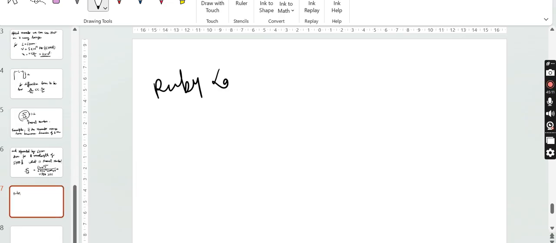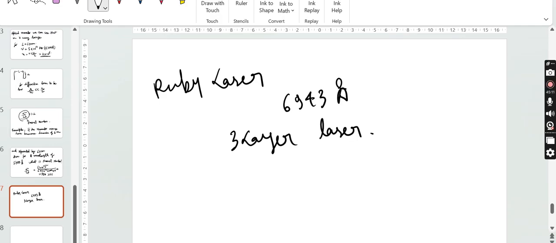There is the ruby laser, whose emission is at 6943 angstrom, and the YAG laser. So I can describe the ruby laser a little bit.